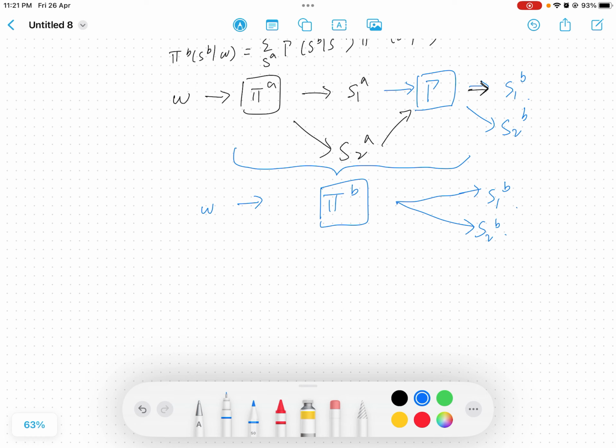Now we need to rigorously derive how we use this gamma function to calculate pi b as the garbling of pi a.